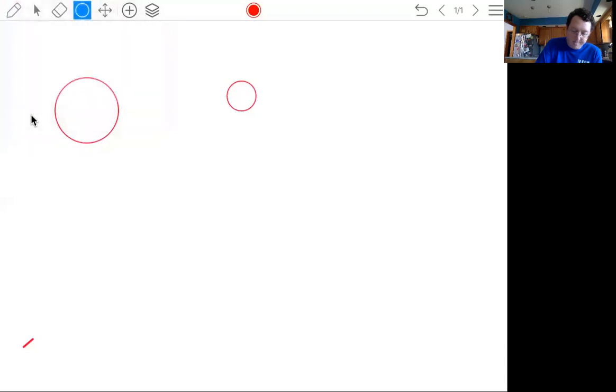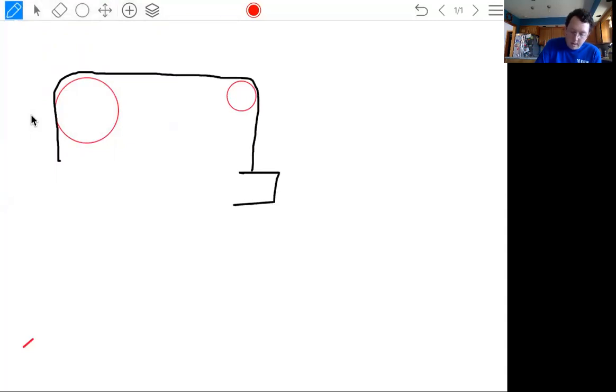Well, I'll just draw this one. All right, and then I'm going to have a rope. Change the color of the rope to be black. So I'm going to have a rope which goes over the top and wraps around, and we're going to imagine there's a block C. And we're going to imagine that it rolls without slipping.